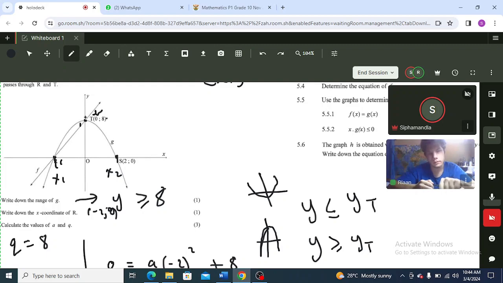Yes. In this case, they gave you one point on the f of x function. But you can see that this function is cutting the turning point, so the coordinate here is 0, 8.